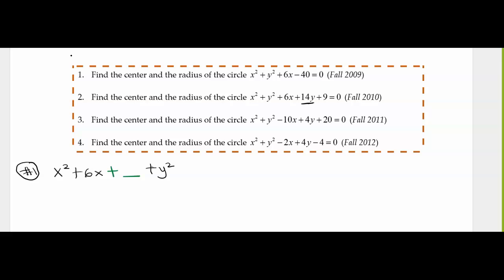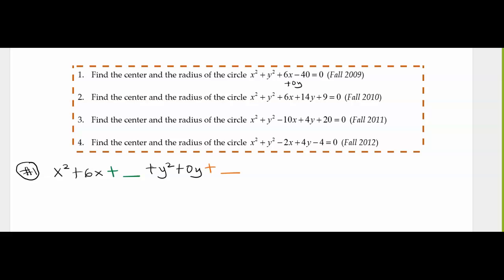See how down here I've got a y term, I've got a y term, I've got a y term, but on the one on the top, there is no y term. So it's kind of like there's a plus 0y in there. I'm going to write that in just because it might be helpful to think of it this way. And then plus blank.